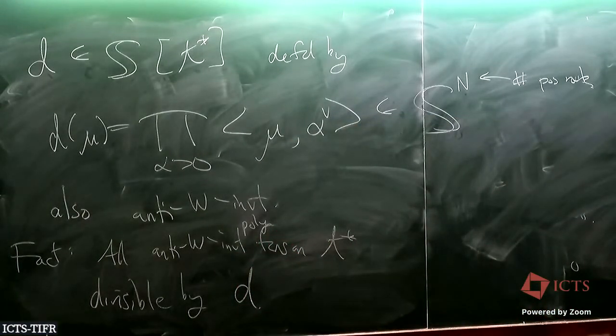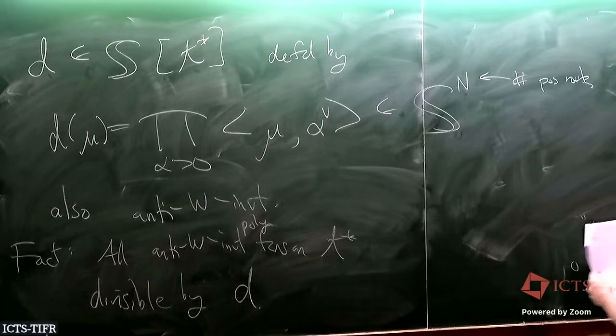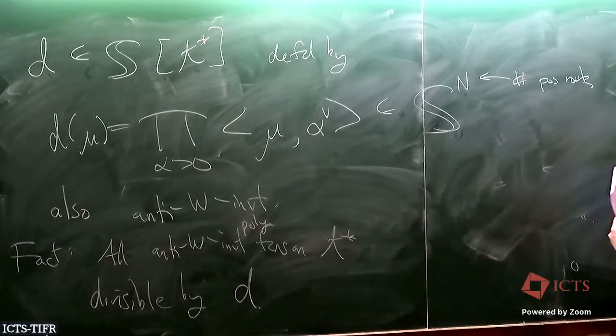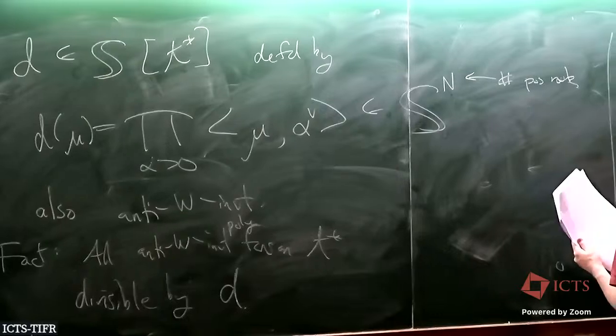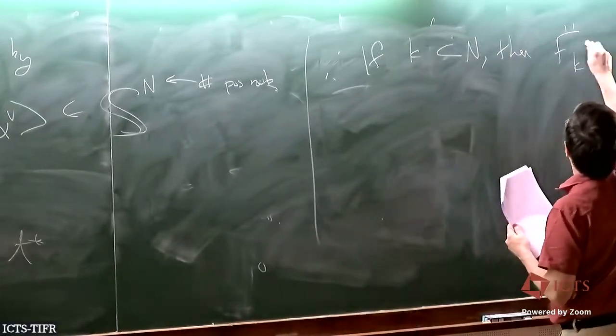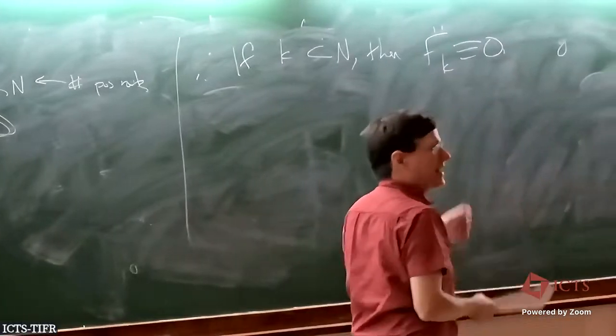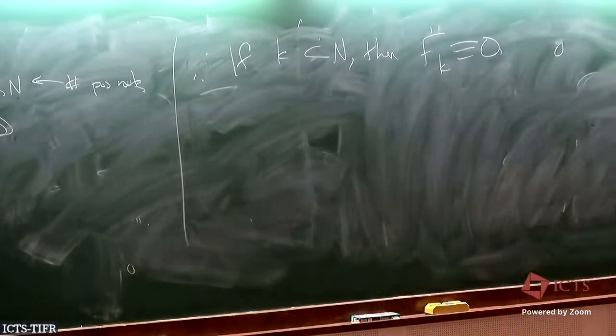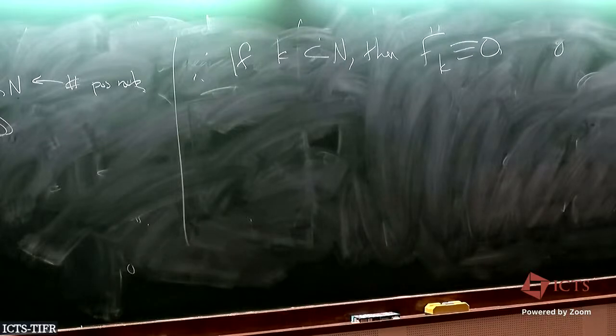Already we can see something: if k is less than n, then fk vanishes because it's divisible by something of degree n.